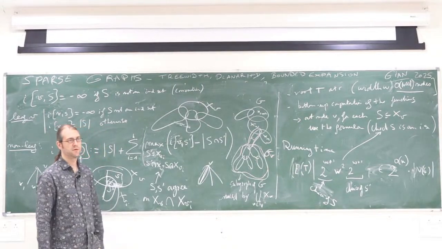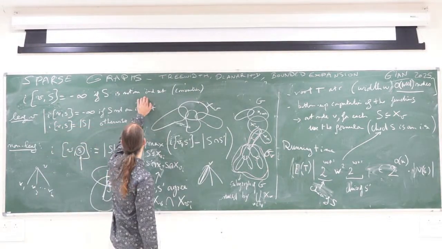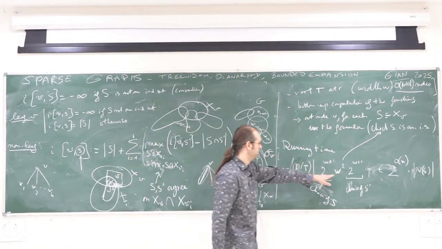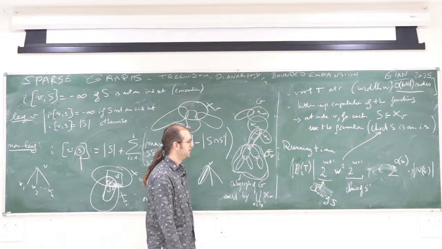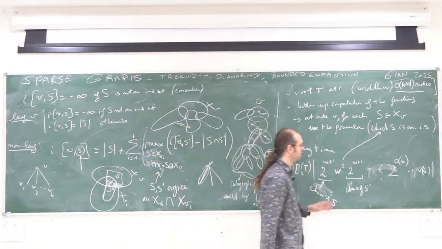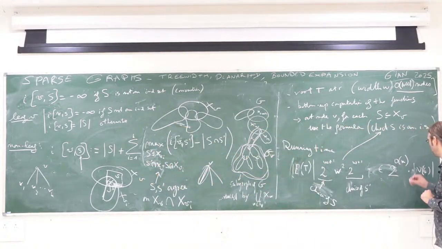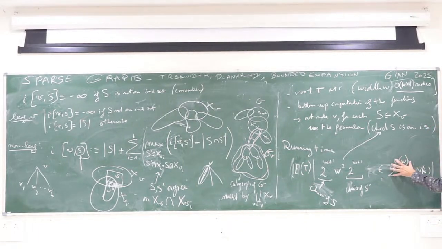You have to do that to define this. This is very minor because it's completely shadowed by the 2 to the power, of course. You can probably do something more careful, or maybe it's not completely accurate, but the main point is that it will be a function of w, being the width, times the number of vertices of the graph. This is the important part.